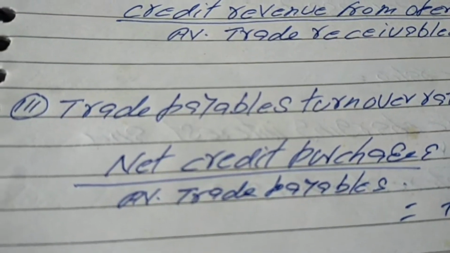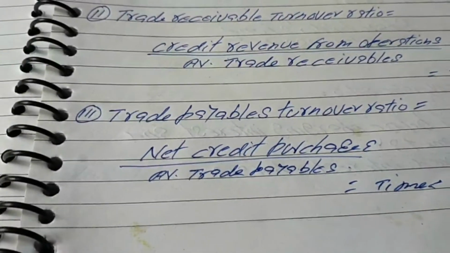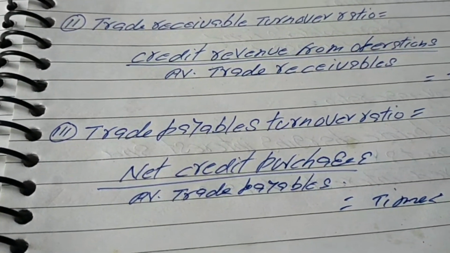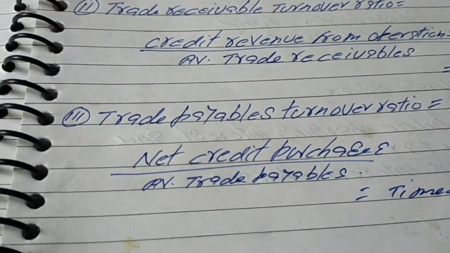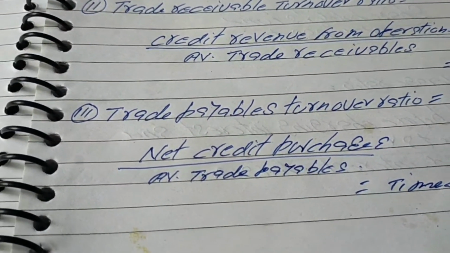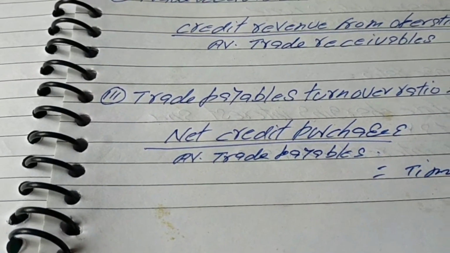Now we have to take average trade payable. We can find out average trade payable like this: opening creditors plus closing creditors divided by 2. In one bracket we can take opening BP plus opening creditors, bracket close, plus sign.